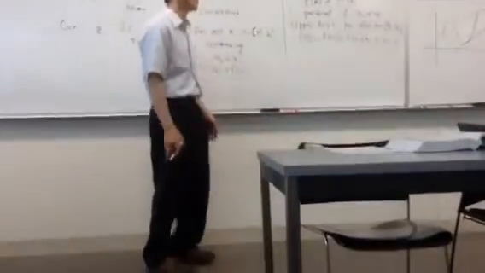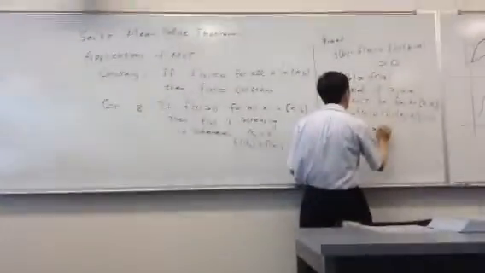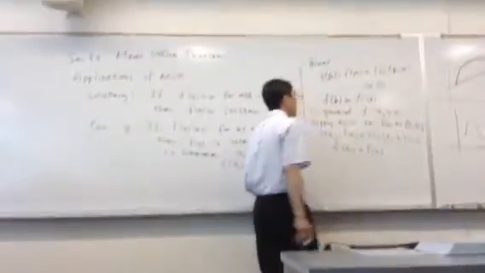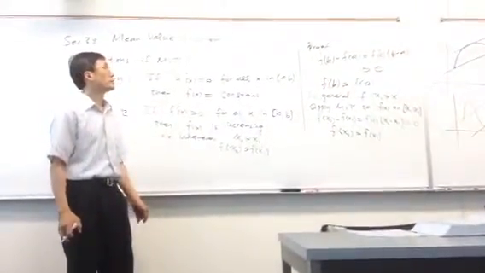Strictly speaking, you talk about the mean value theorem on a closed interval, so I could say closed here as well. Just apply the mean value theorem to a equals x1, b equals x2. That's all. So that's the same as to say f(x2) bigger than f(x1). Therefore, it is increasing.